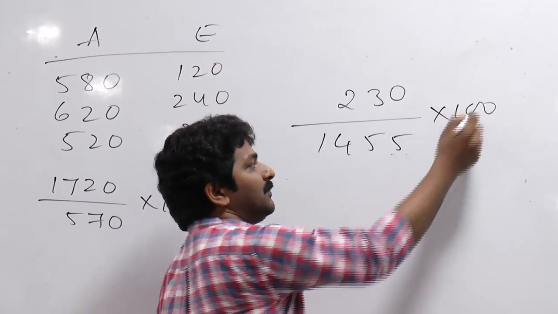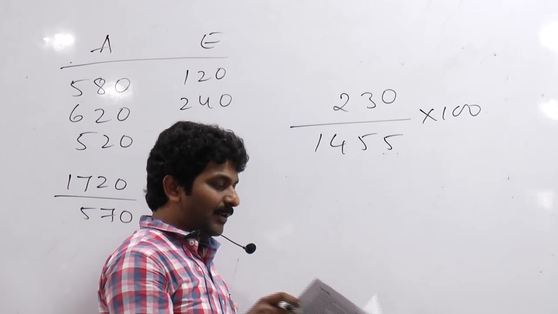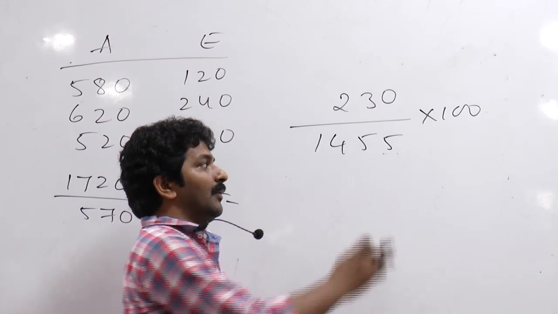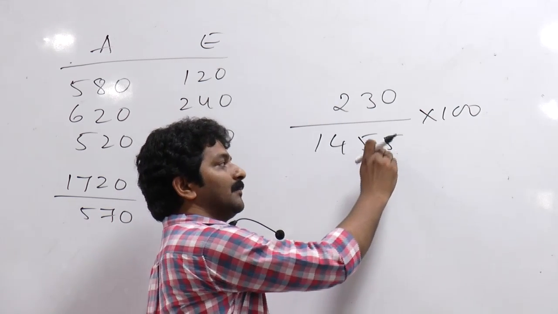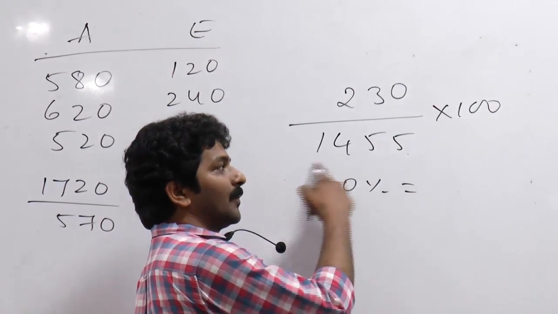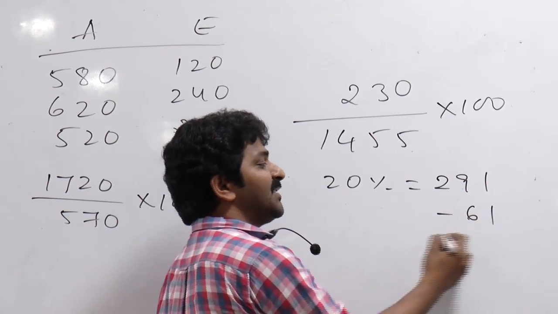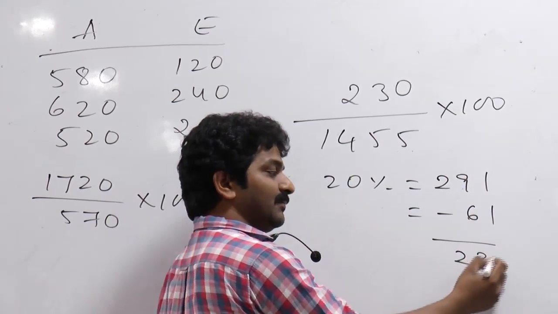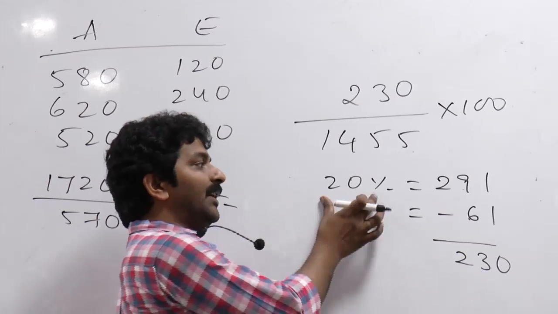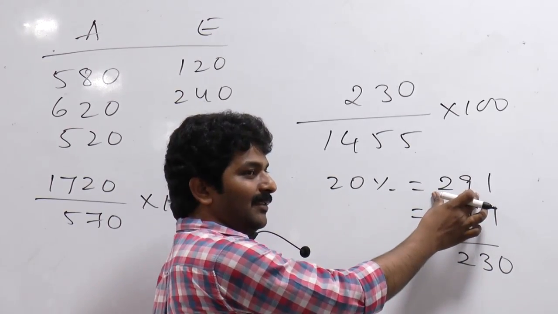Percentage, so into 100. They said approximate percentage. What about 10% of the denominator? 145.5. What about 20% then? 291. You need to subtract 61 from this to make it 230. If 20% is 291, 2% will be 29.1.